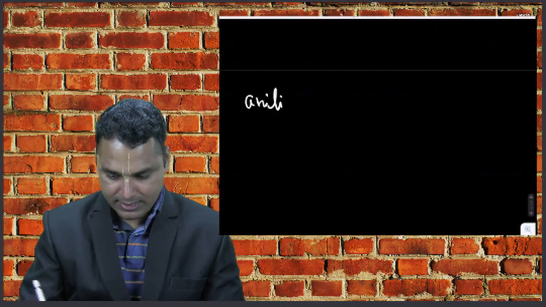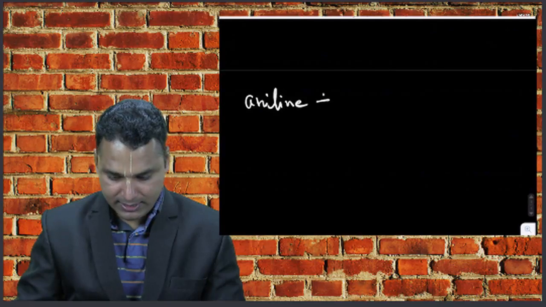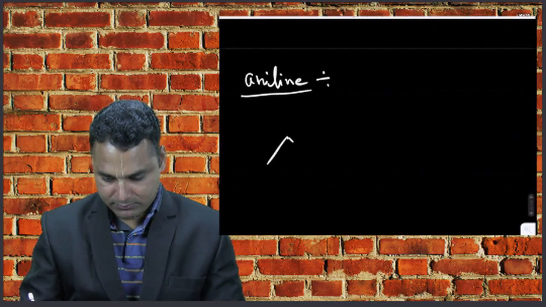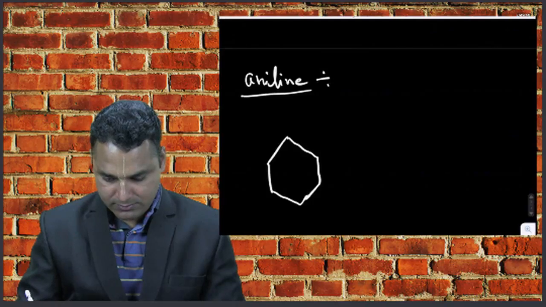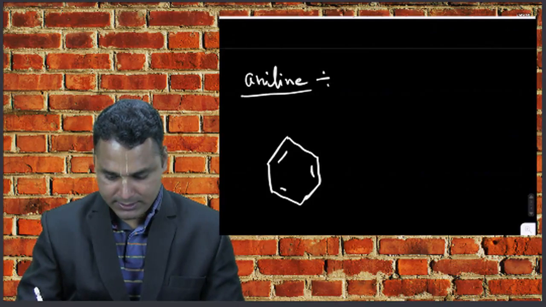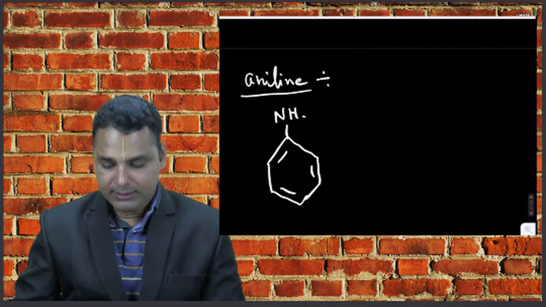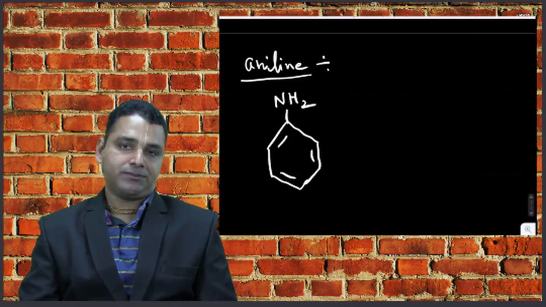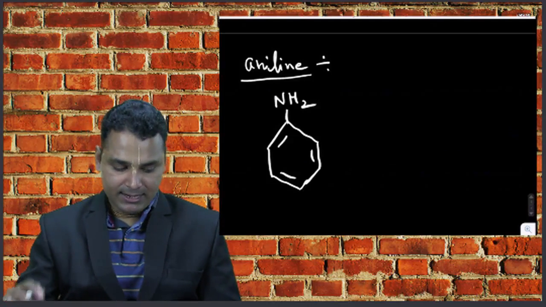Aniline is this: the substituent group attached to the ring is NH2, so it becomes aniline.